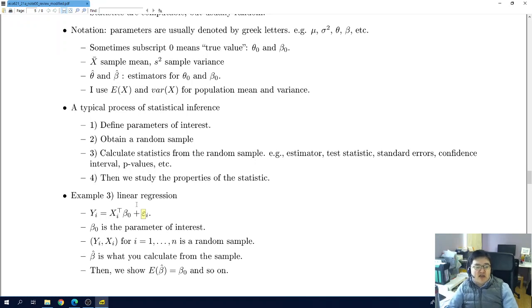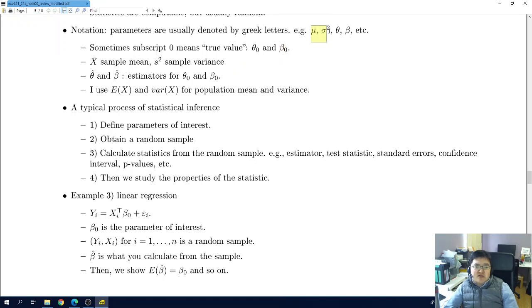Later you are going to see this stands for errors. So except for epsilon, most of the parameters are denoted by Greek letters. In general, it's not a rule. Sometimes, to distinguish one possible value of the parameter from the true value of the parameter, we use subscript 0, so theta 0 is the true value of theta and beta 0 is the true value of beta. This is another common notation.